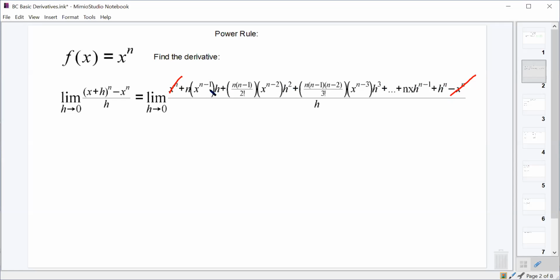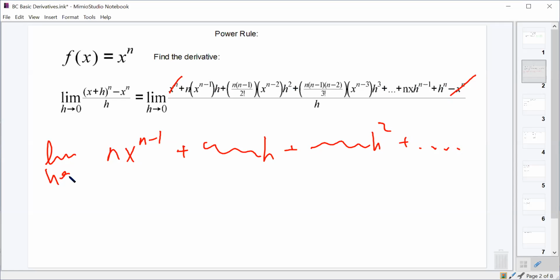So we'll factor out that h and divide by this h, which leaves us with n x to the n minus 1 plus some term with an h plus some other term with an h squared, and so on. All those other terms will have h's in them.